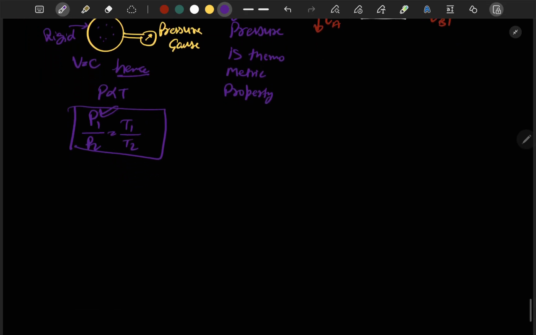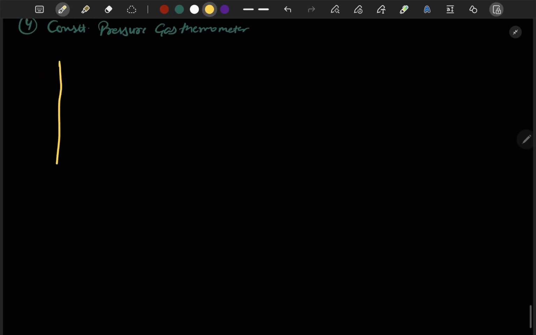If we talk about the constant pressure gas thermometer, that is the next, fourth thermometer. Let's say that this is a cylinder piston arrangement.